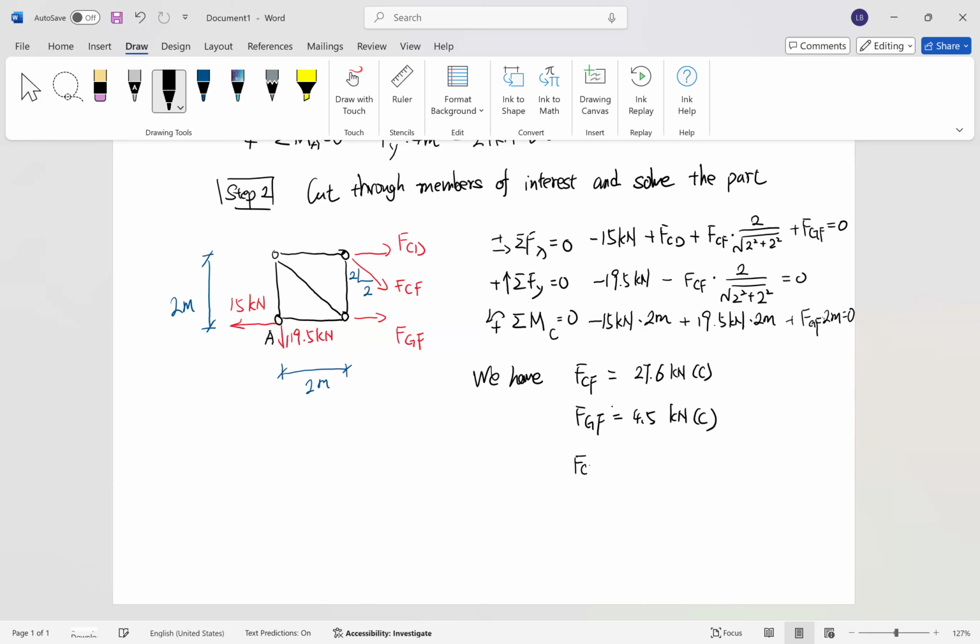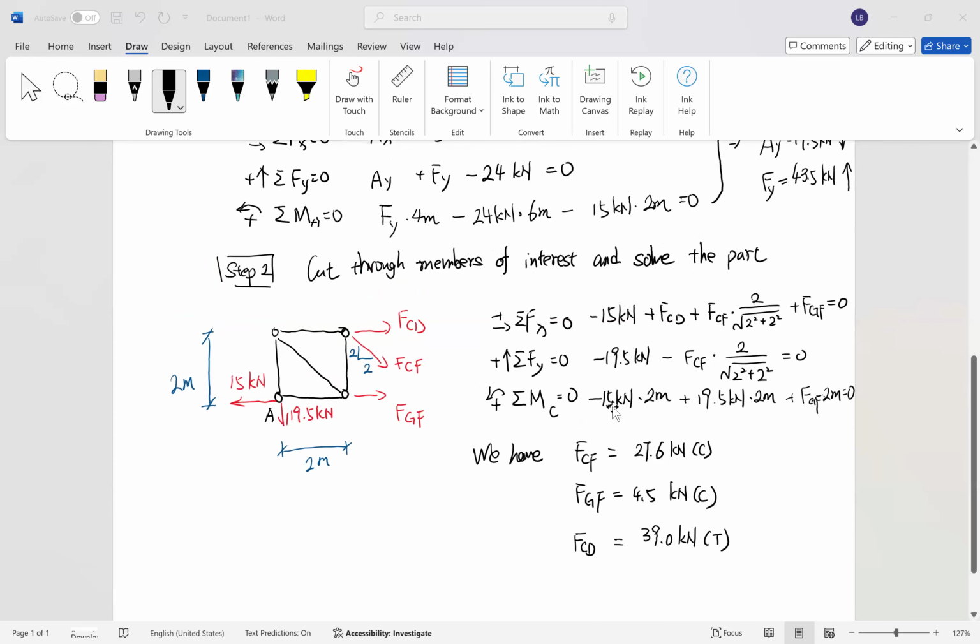And FCD is going to be a positive number here, 39.0 kilonewton. So you're going to see that the FCD is a positive number, meaning that it is tension.